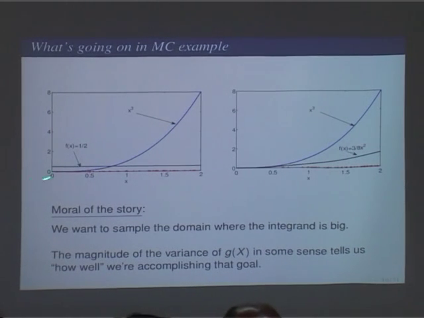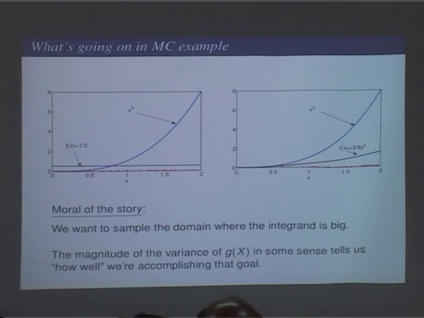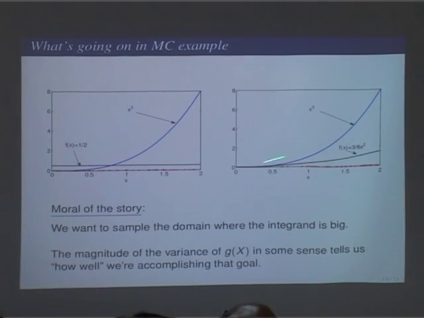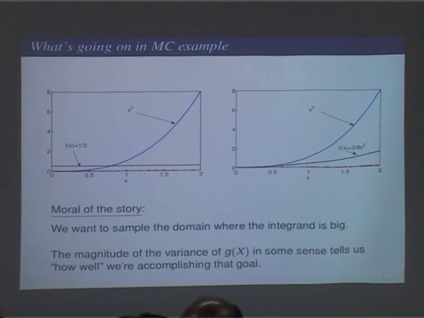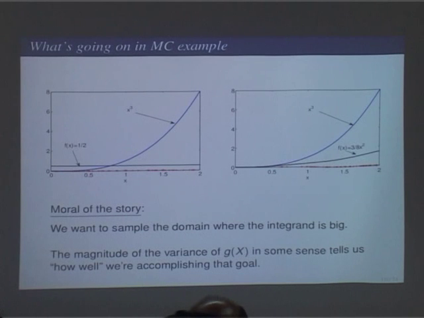So with the uniform, I'm plugging in a whole bunch of samples down here that aren't contributing to my integral. But over here, where I have a distribution that looks more like my integrand, I put more samples where my integrand is big, and this difference is a factor of 20 fewer samples to get the same error in your estimator.